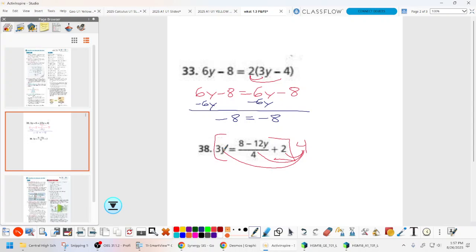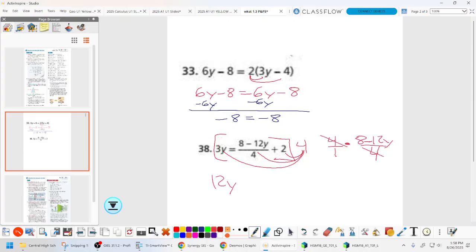Okay, I'm going to start over here just to keep the equation in the same form. So 4 times 3y is 12y. And then here, do you guys see how it's 4 divided by 4? In fact, if I write it, it's this. Okay, we're multiplying 4 by a denominator of 4. What happens to the 4s? Go bye-bye. They cancel.